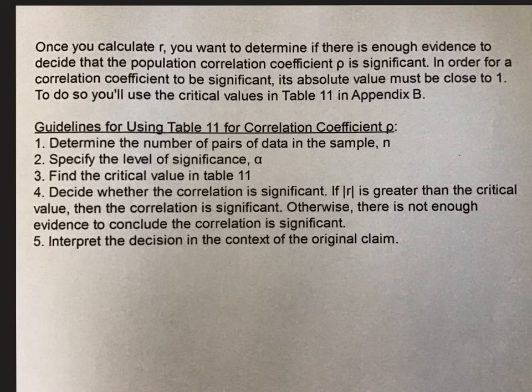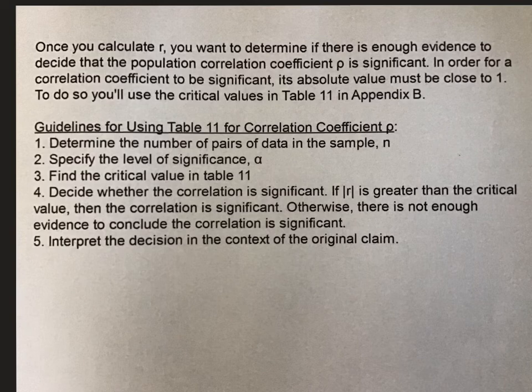When we look at that, we're essentially going to look at table 11 in the back of our book. The guidelines for using that table: we're going to determine the number of pairs of data in our sample, so we make sure we know what n is, which we should know if we found our r value ourselves.